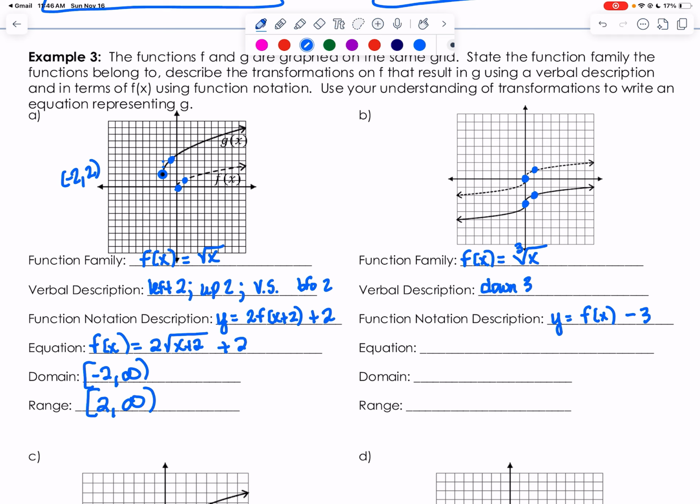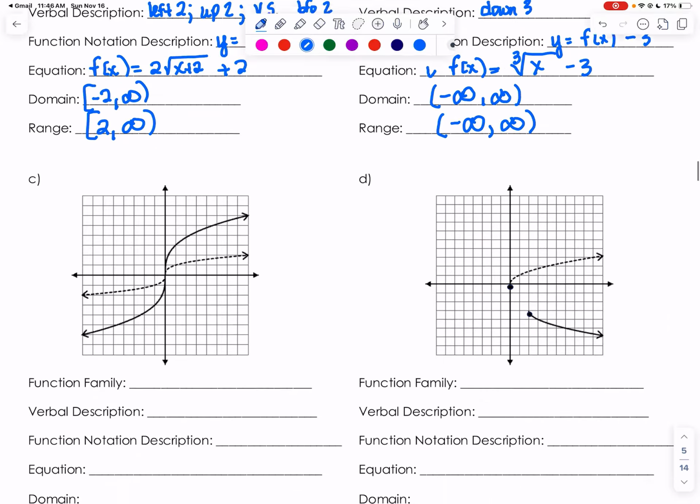And so our equation would be g of x is equal to cube root of x, and then out to the side, minus 3. So our domain, remember on cube root functions, is -infinity to +infinity, and our range is also -infinity to +infinity.